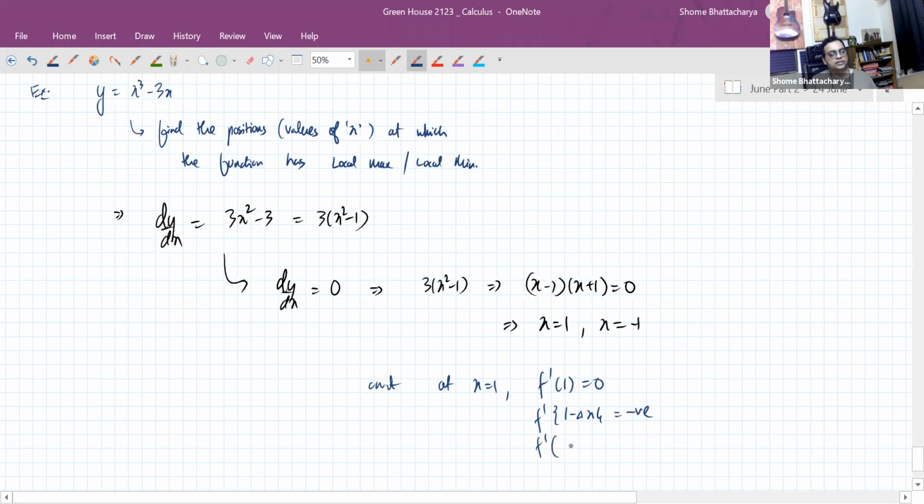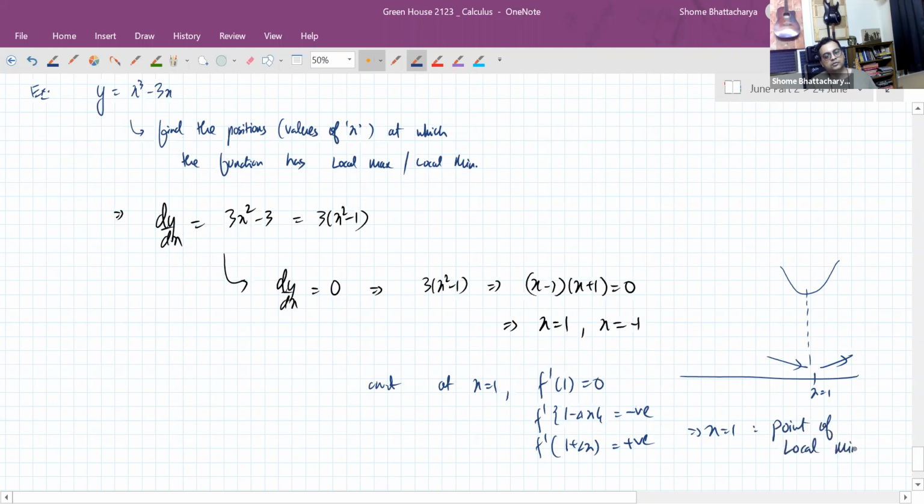And the derivative of the function at 1 plus delta x is positive. So that means x equal to 1 is that kind of point where the function is dropping and then rising. So x equal to 1 is the point of local minimum.